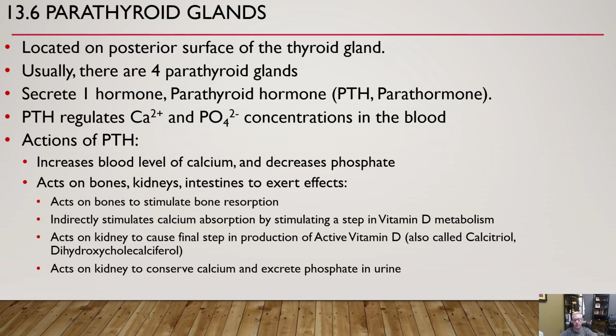I've never heard it called parathormone. Basically, PTH regulates calcium and phosphorus concentrations in the blood. So typically they work in opposite directions. If you have an increased blood level of calcium, you can see decreased phosphates, but they act on the bones and kidneys and intestines to exert its effects.